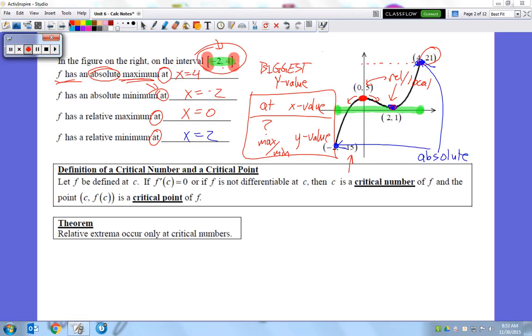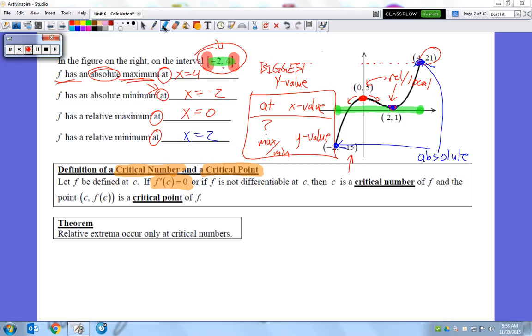So, definition of a critical number and a critical point. This is basically, in a nutshell, why this unit is so important, because it's looking at maxes and mins, and it's looking at critical changes that occur. So critical numbers, right off the bat, what I want you to know is when its derivative is set equal to 0. Okay?